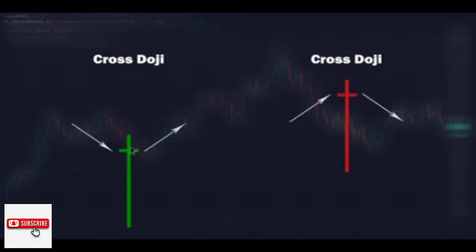Just know that cross doji is naturally bullish, but being bullish or bearish depends on where it forms. Forming at the bottom following a decline or near a support level, it shows buying pressure and gives the possibility of changing in the direction of the price. And forming following an advance or near a resistance level, it shows selling pressure and gives the possibility that the price may change direction.